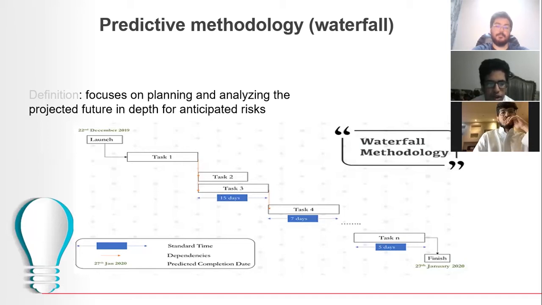Testing is only carried out once the project has been deployed. As you can see in the picture, the tasks are done one by one, there is no going back, and the testing is just at the finish. So we need to be sure from the beginning.